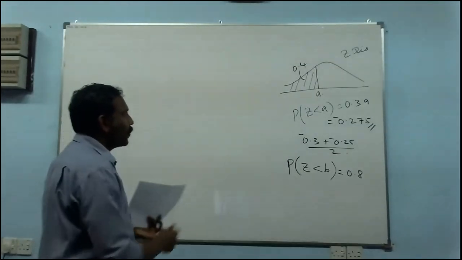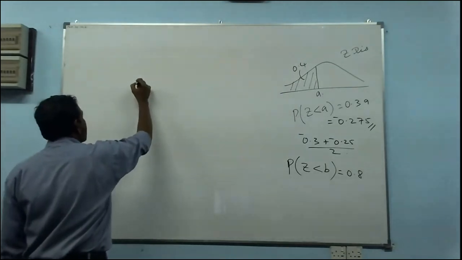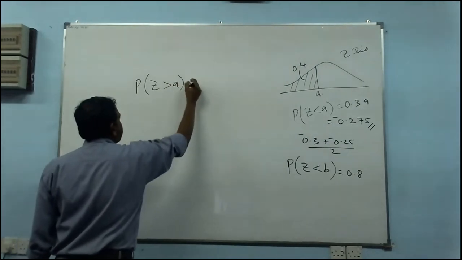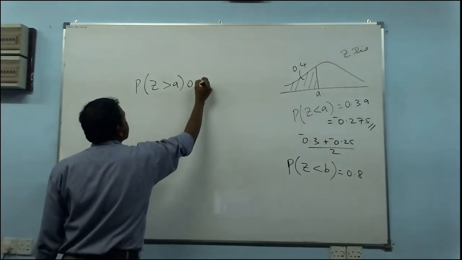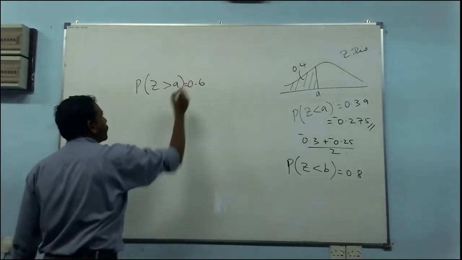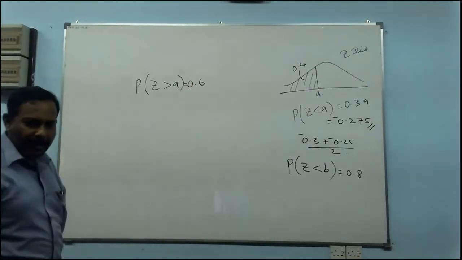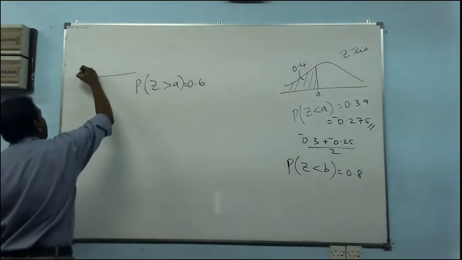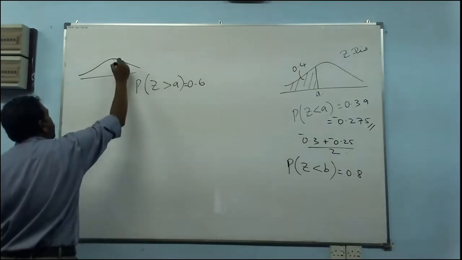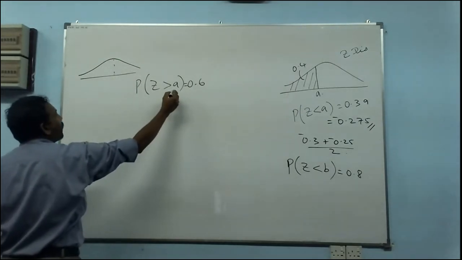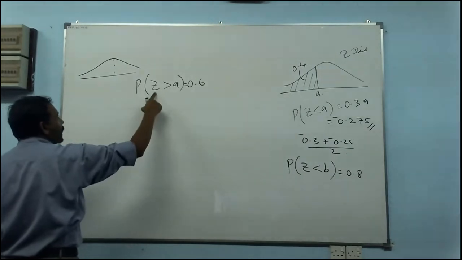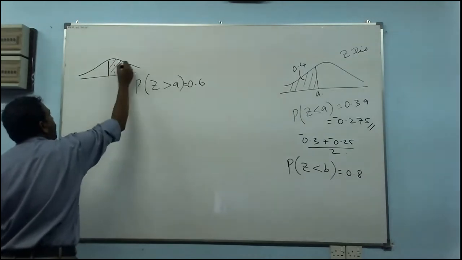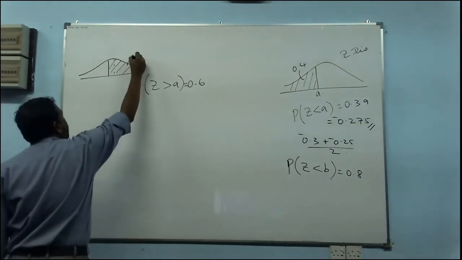So you should know how to calculate that. Now you see how to calculate this. Graphically, if you show it in a Z distribution, here the probability of Z greater than A is comprised of this area of probability 0.6.